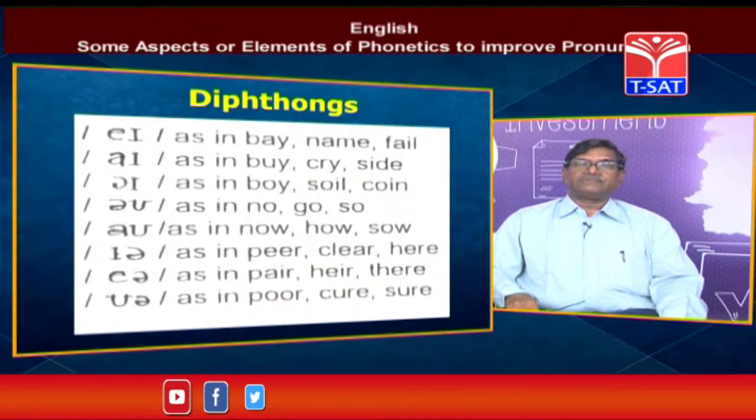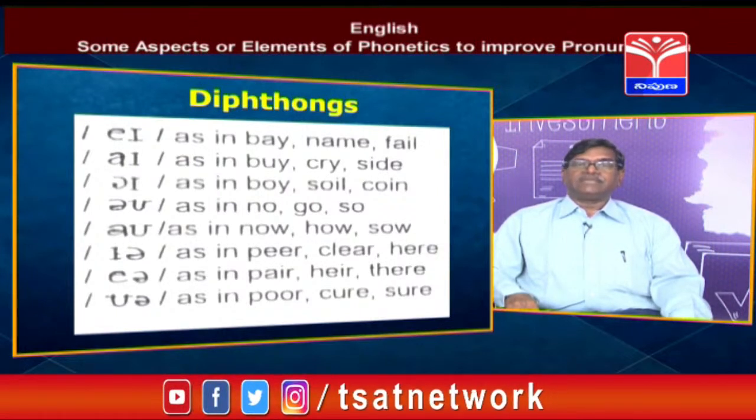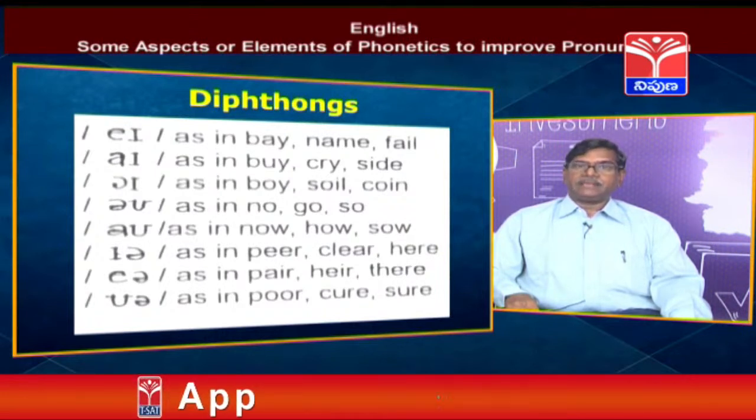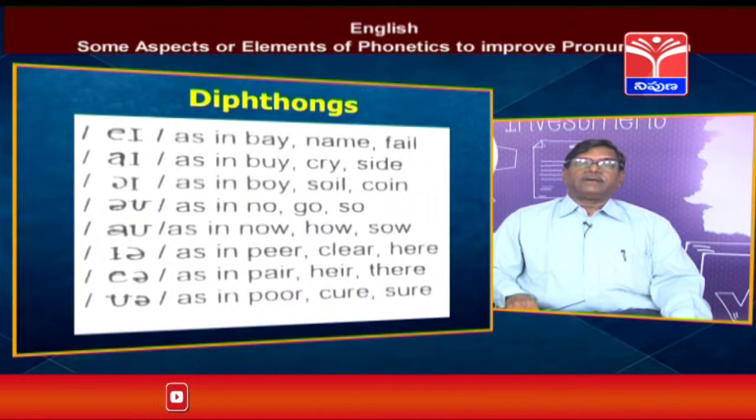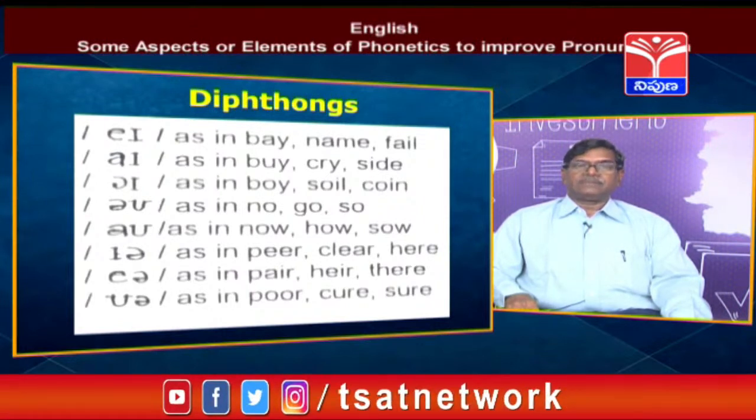So, in English, we do not have the pure A sound. Instead, we have the diphthong, as in bay, name, fail. And then the I sound. We have a similar I sound in our Indian languages.